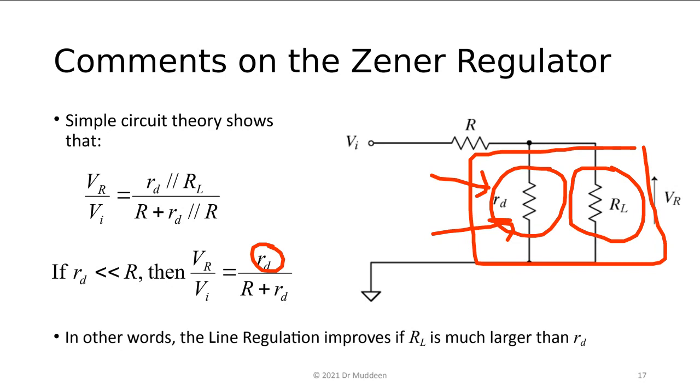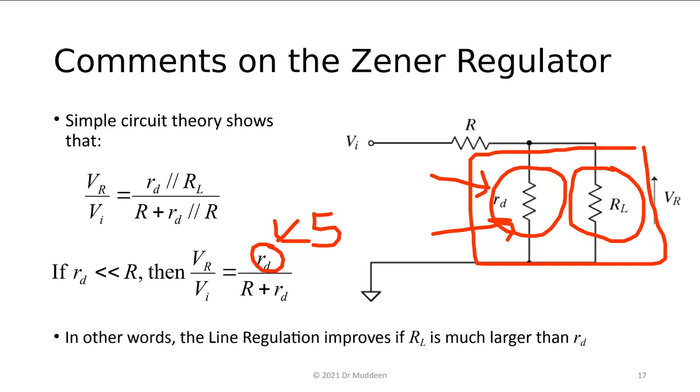Okay? If that is about 5 ohms, then we have to make sure that the load resistor that we are supplying, whatever we're designing this to do, is much greater than that. And you're talking about at least 10 times greater.